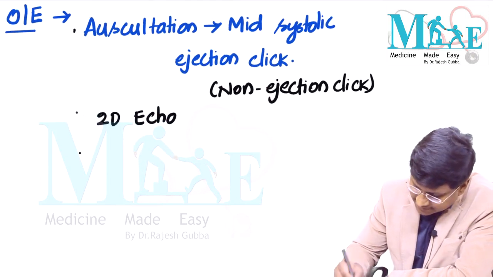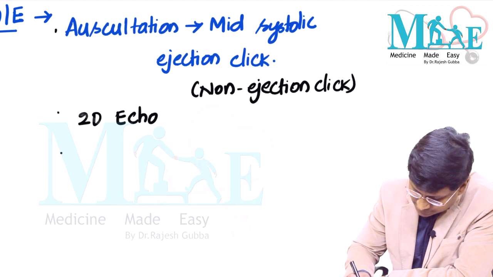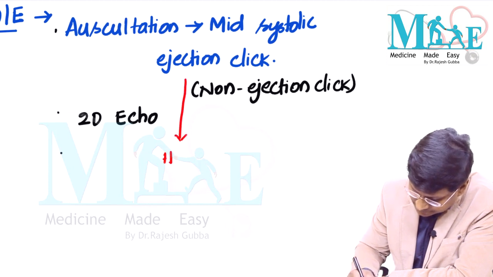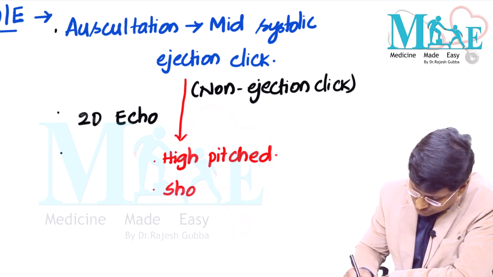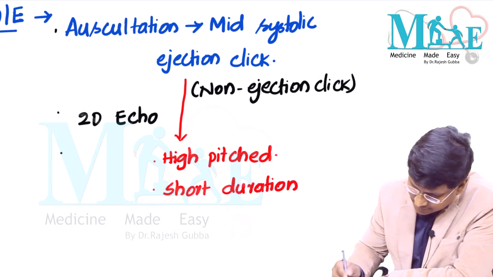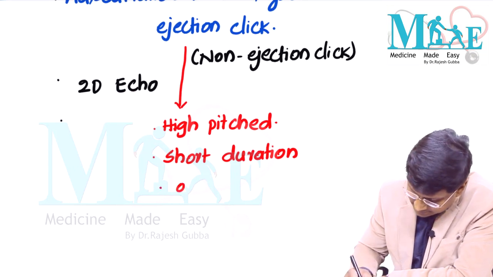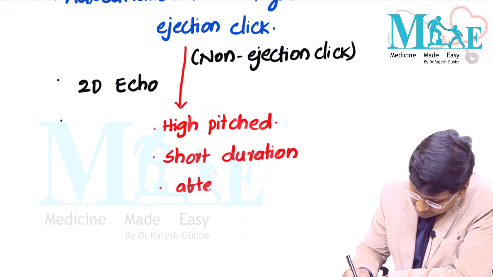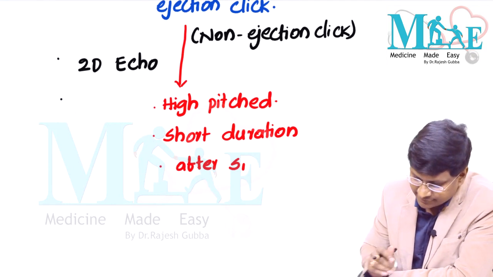Now, I have said that there is presence of the mid-systolic ejection click. The mid-systolic ejection clicks are high-pitched and of short duration, and these clicks are heard after S1.